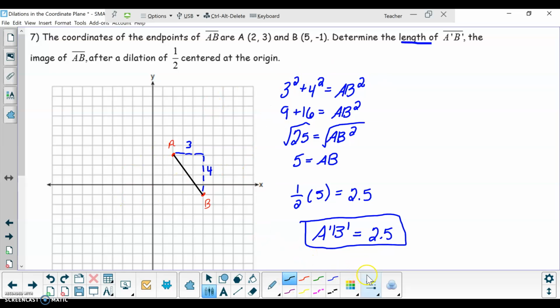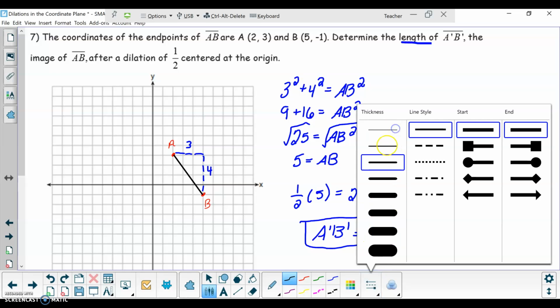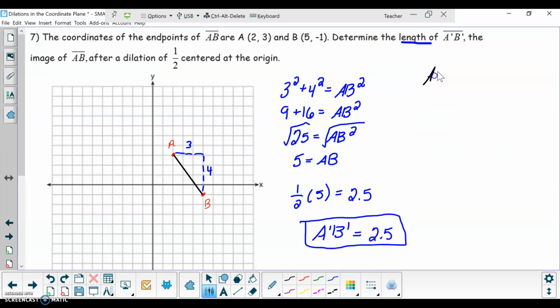Another way that you can think about this question is to think about the coordinates of the image. If I multiply both of these coordinates by 1/2, A prime is going to be 1, 1.5, and B prime is going to be 2.5 and negative 0.5.